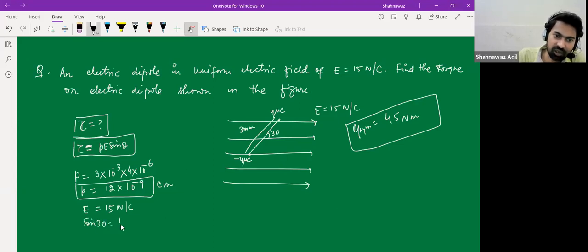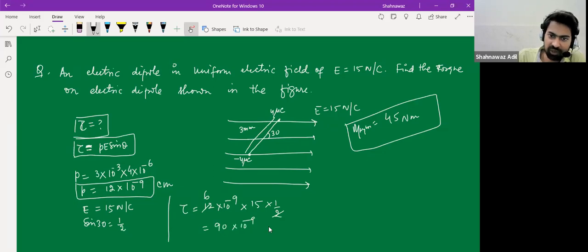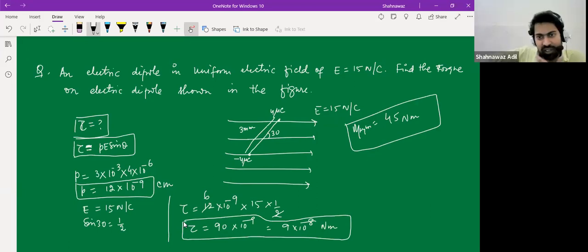Sine 30 is half. So our torque would be P, which is 12 into 10 to the power minus 9, times 15, times half. So this is 6 into 15, which is 90 into 10 to the power minus 9. So I'm getting 9 into 10 to the power minus 8 Newton meter. Aisha, what did you get? And Mariam, please check your answer.